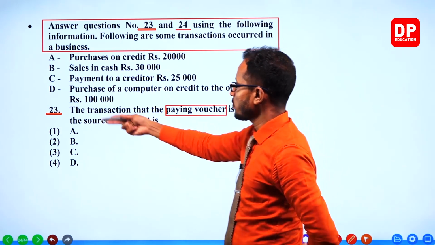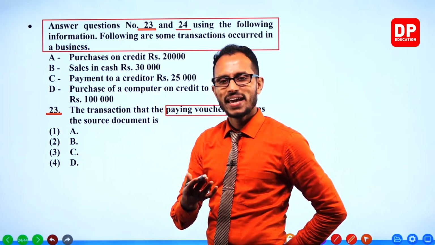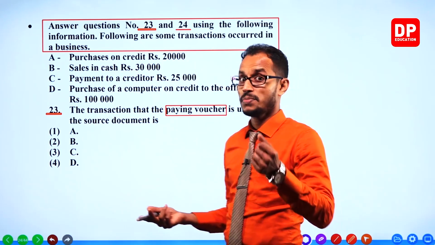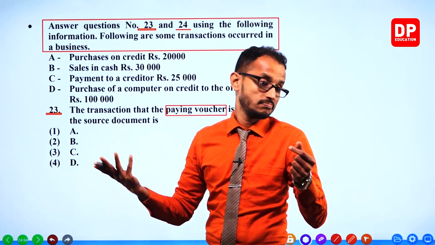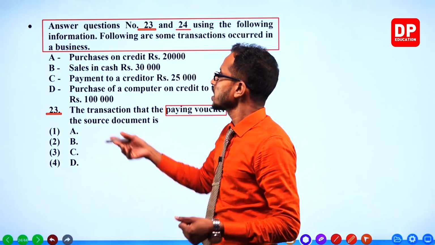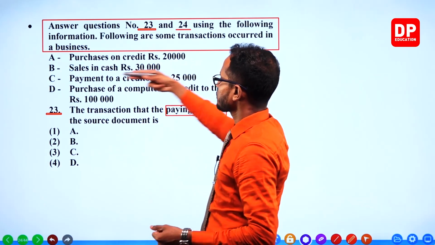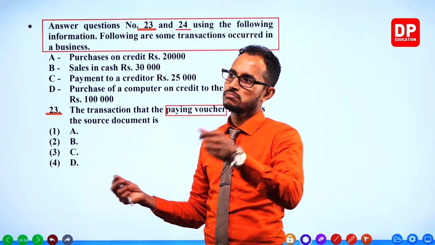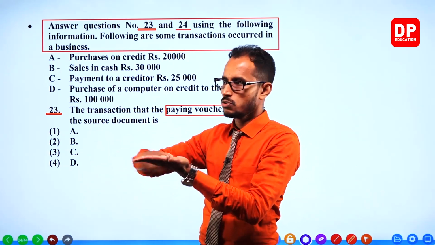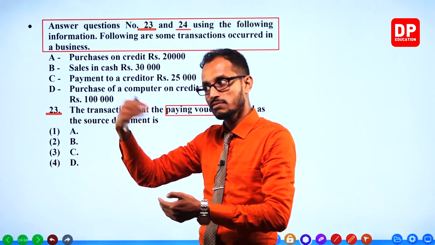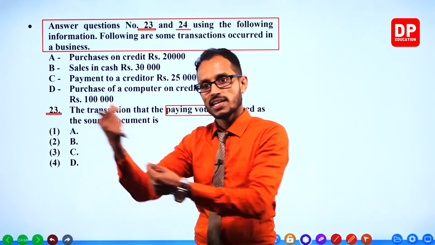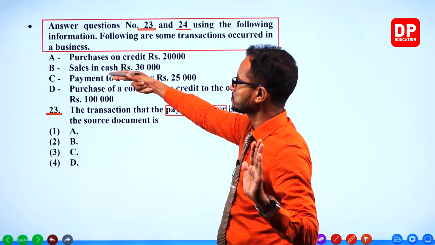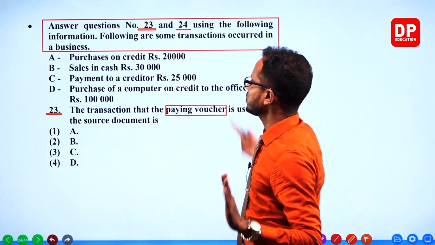Now, for what transaction do you need to make a payment? Purchasing on credit, you don't make a payment there. It's a credit purchase. Sales in cash, you don't make a payment there. Cash is coming in because you're selling goods. Payment to a creditor.